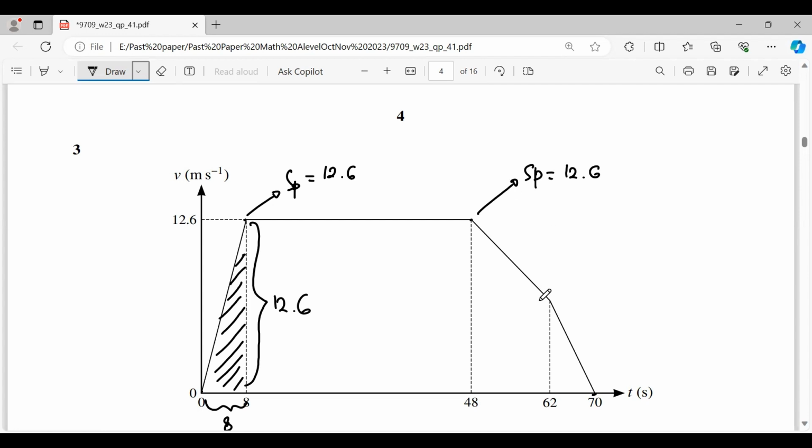And now it decelerates from 12.6, being this one we are going to find: 12.6 minus 14 times a.